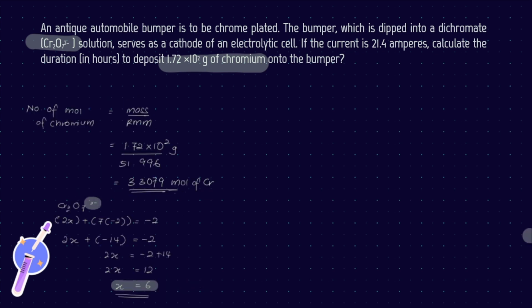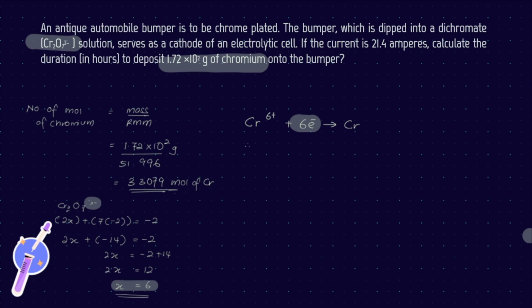Since you already know the oxidation number for the chromium, it's easier for us to write the half reaction. Since the oxidation number of chromium is 6, we can write chromium 6 plus, plus 6 electrons, it shall produce the chromium. From here, it's really important for us to know how many electrons are involved.